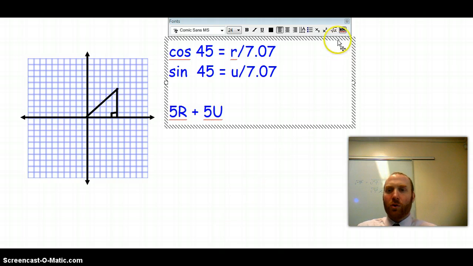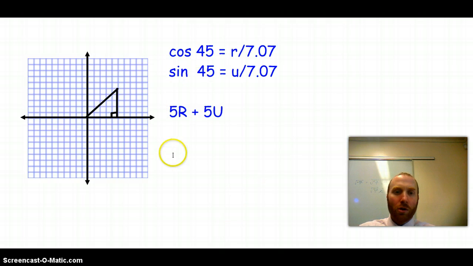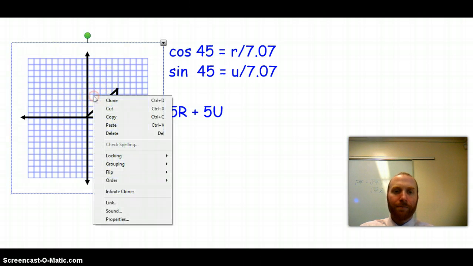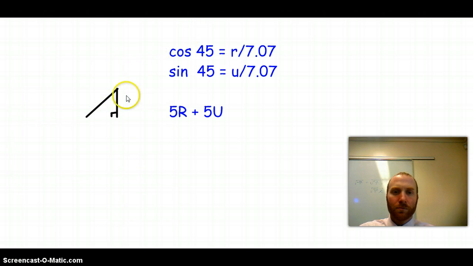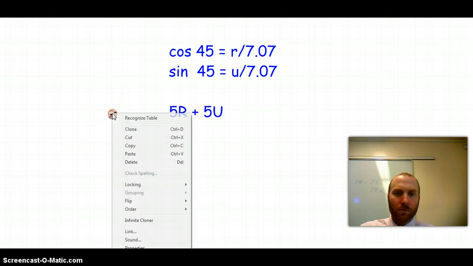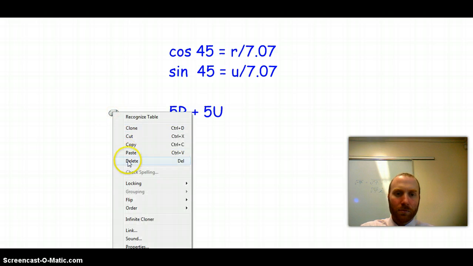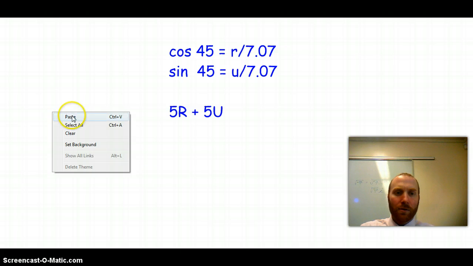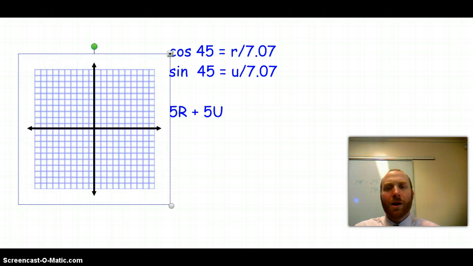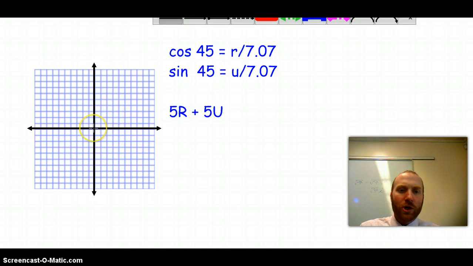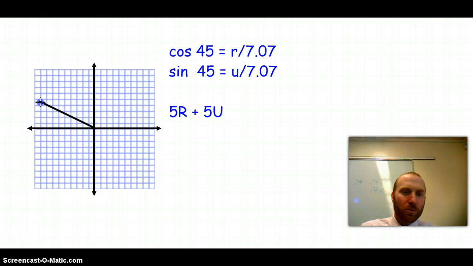All right, next thing I want to do is convert the second part of the problem. So if I get rid of this entire graph and get another graph up here, I am restarting my work because I do each of these individually, and now I'm going with 10 at 150 degrees. 150 puts me out here in the second quadrant.